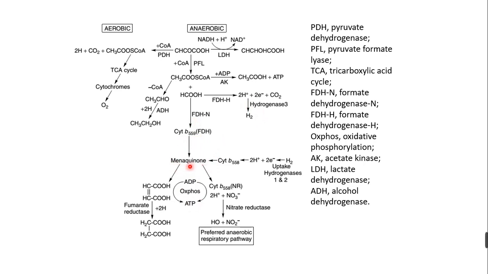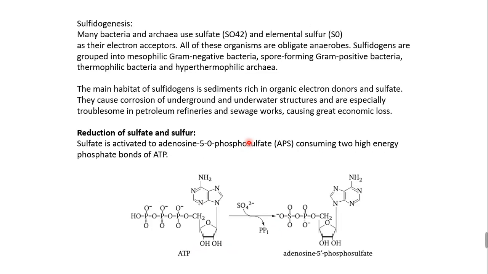Menaquinone is the electron acceptor and produces fumaric acid, and the preferred anaerobic respiratory pathway is the one that uses nitrate. So usually this one is very famous, nitrate metabolism, and nitrate reductase is a very important enzyme. Cytochrome b558, menaquinone, all these are involved in the anaerobic respirations.